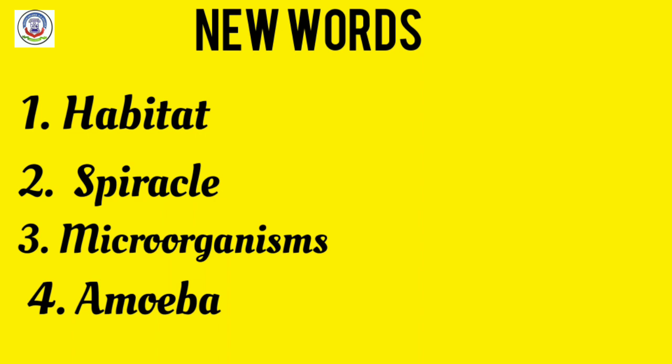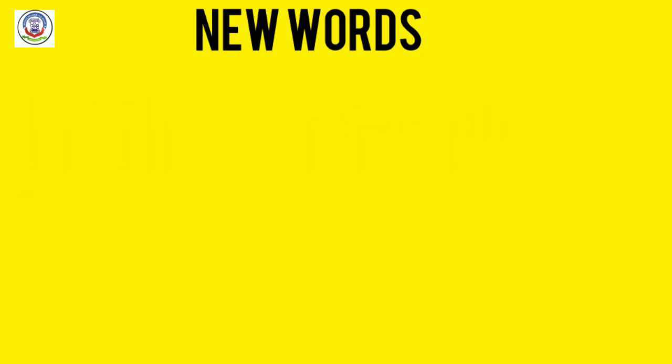Fifth, paramecium, means एक सेल से बना हुआ जंतु. Sixth, crawling, means रेंगना.